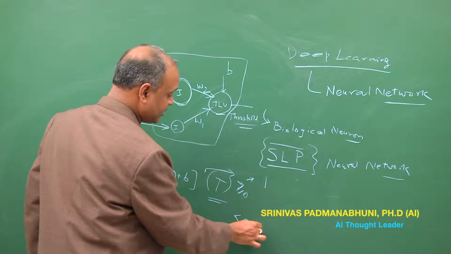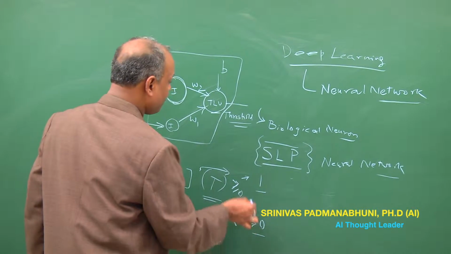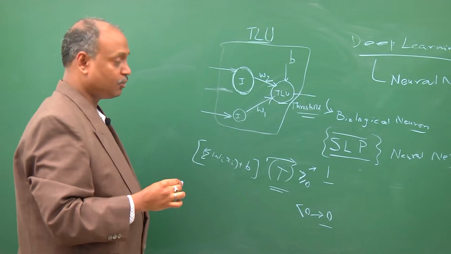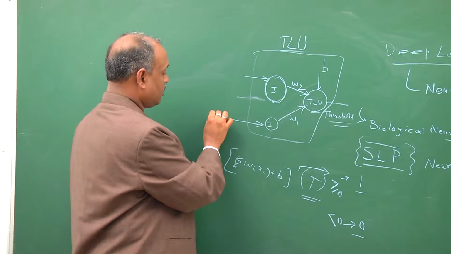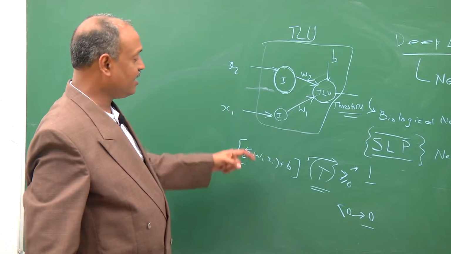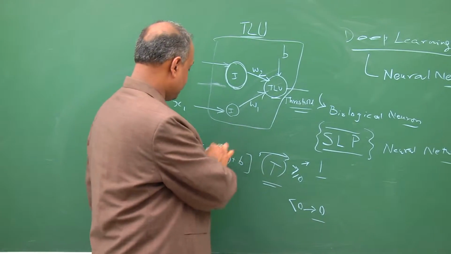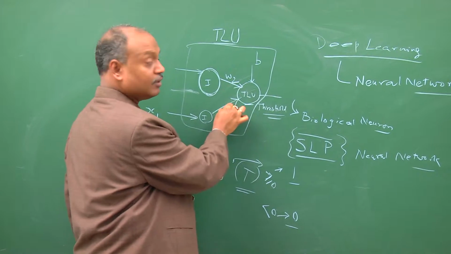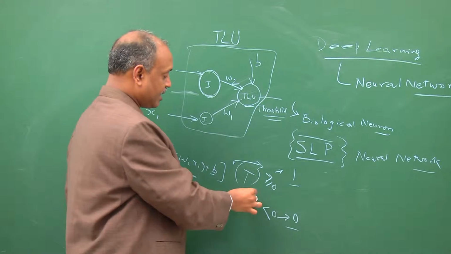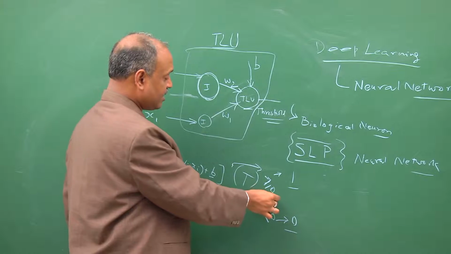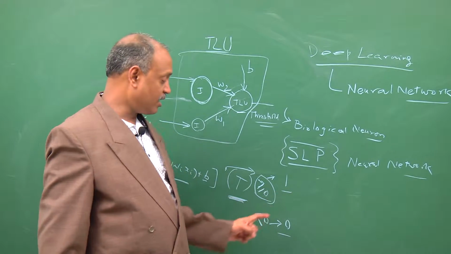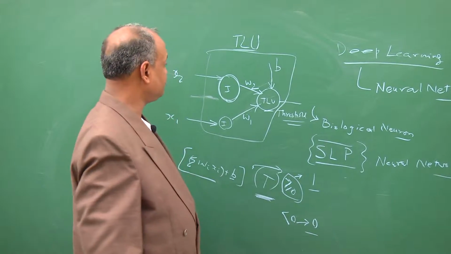If the sum is less than 0, output 0. So the output of a single layer perceptron, which is made up of a threshold logic unit, would be based on different inputs being provided to it, and internally the logic would be performing sigma of Wi xi, adding the bias, finding a sum, and then applying the thresholding function, which says that if sigma of Wi xi plus b is greater than or equal to 0, give 1. If it is less than 0, give 0.